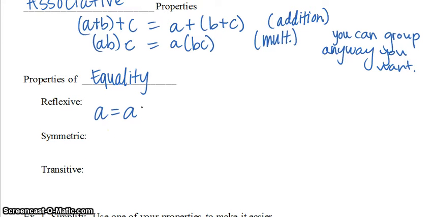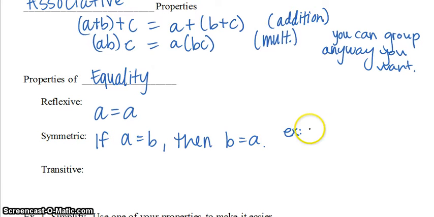Symmetric, similar, but it's basically saying if A equals B, then B equals A. If I were to say 2 equals x plus 1, I can write it as x plus 1 equals 2. It doesn't matter which side it's on, so you can interchangeably switch them.